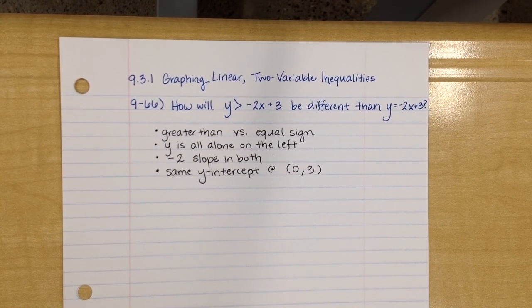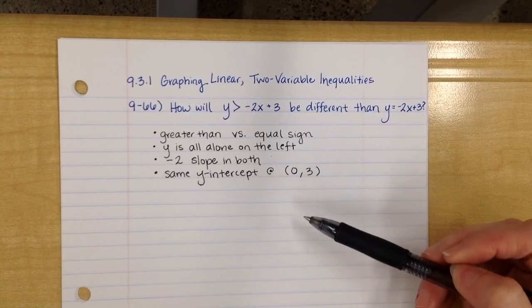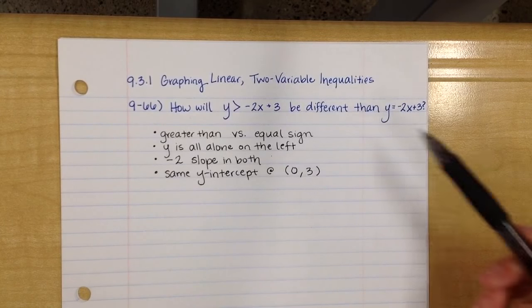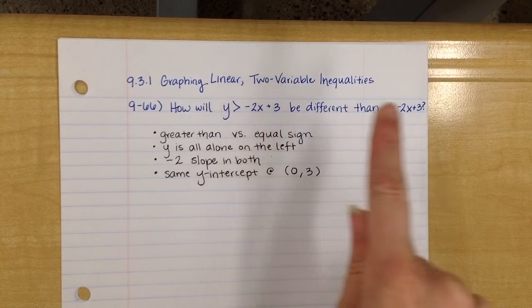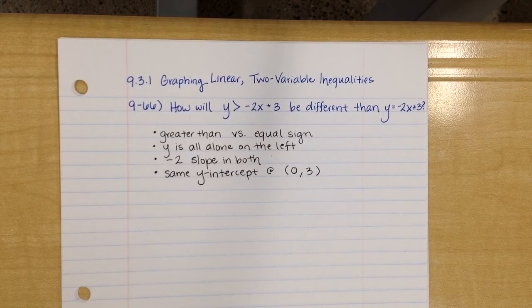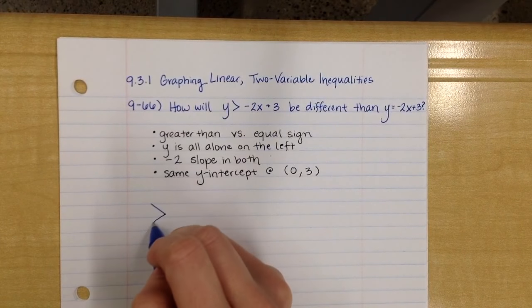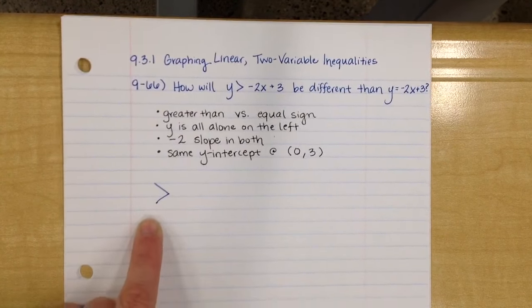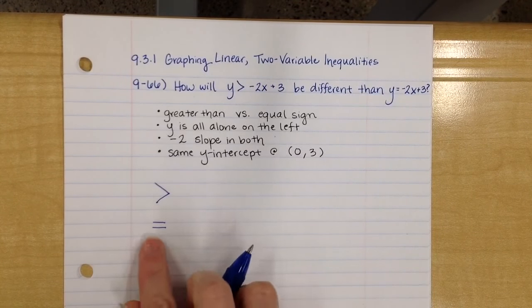Okay, so most things are in common with each other, and there's just that one little difference of greater than versus the equal sign. What's kind of cool about linear inequalities and linear equations is that they are the exact same thing except for two key components. Let me start with the equal sign.